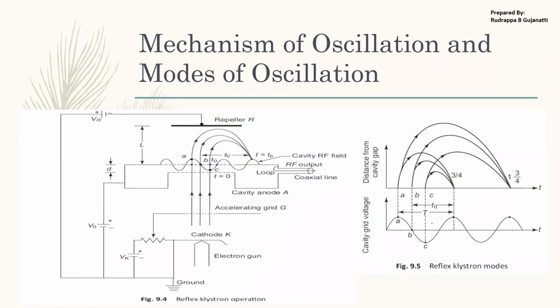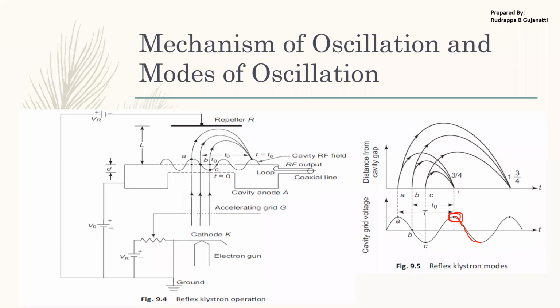If the bunching happens at the positive peak, I'll get the maximum output. If bunching happens apart from this positive peak, somewhere here or anywhere, you'll get an output which is very low in power as compared to that which we get at the positive peak of the interaction.